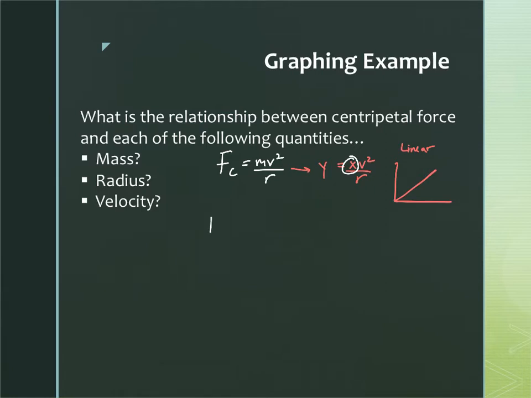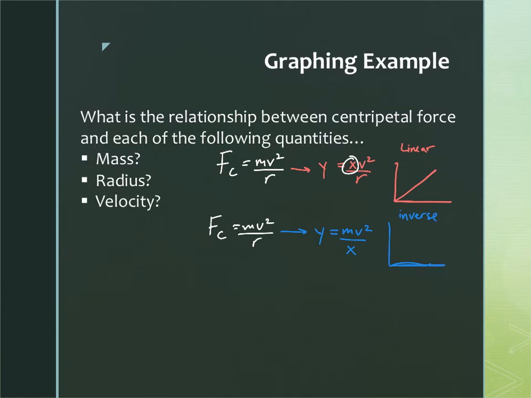Next, we have radius. We already said it's inverse, but let's see why. And that's because it's in the denominator. I want you to pay attention how it's in the denominator, without an exponent.